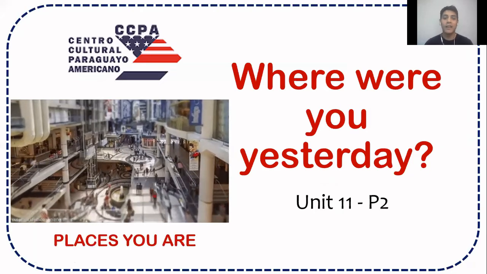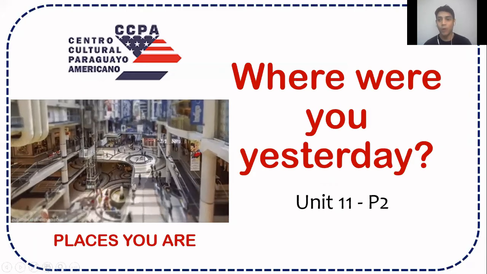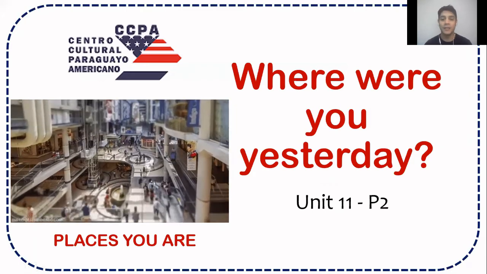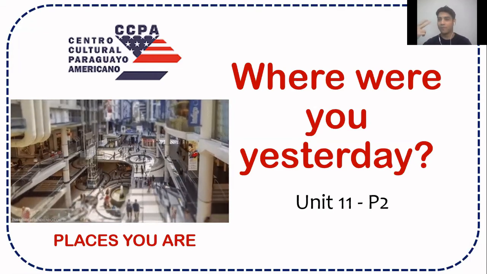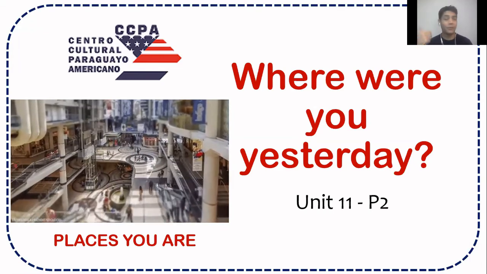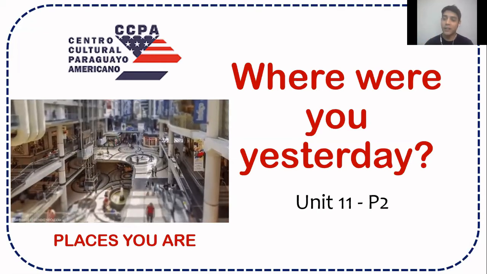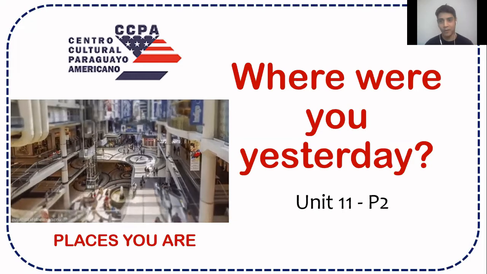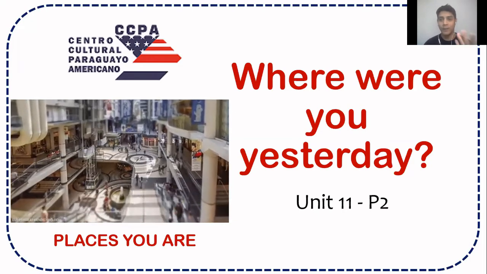In the vocabulary section, we are going to learn about places where you are, right? Mall, coffee shop, restaurant. We're going to remember those places again, like in unit 9, where we learned about places.